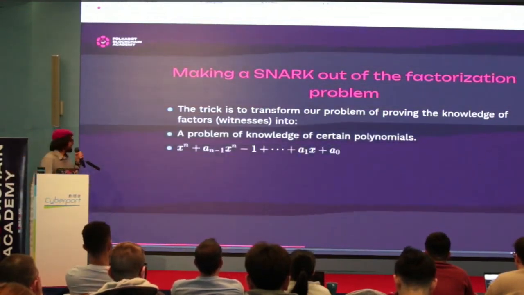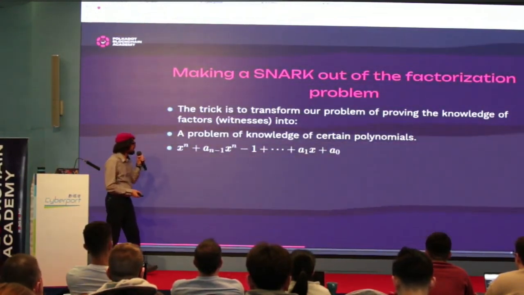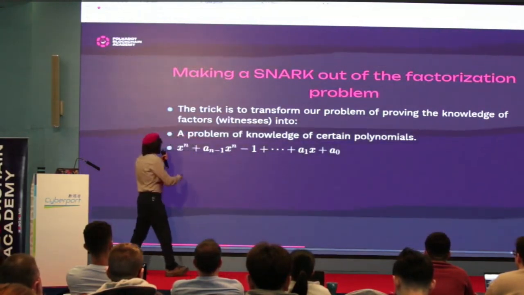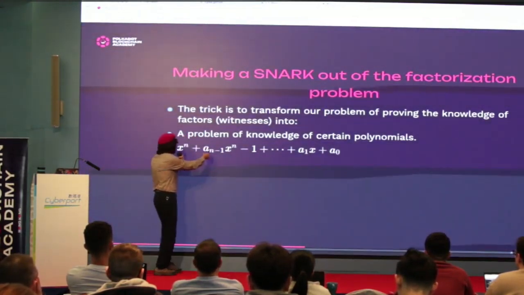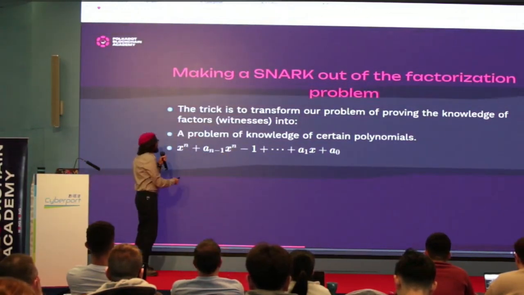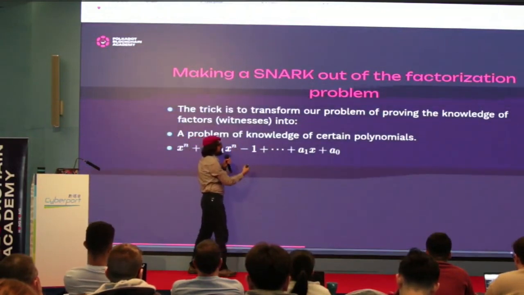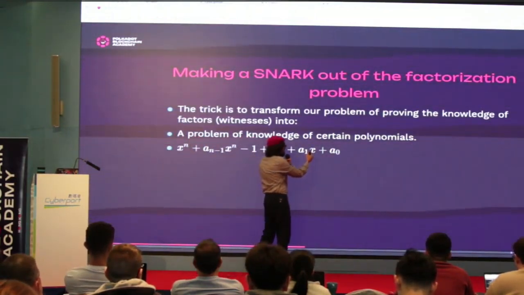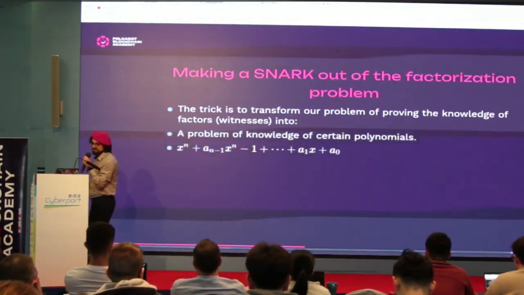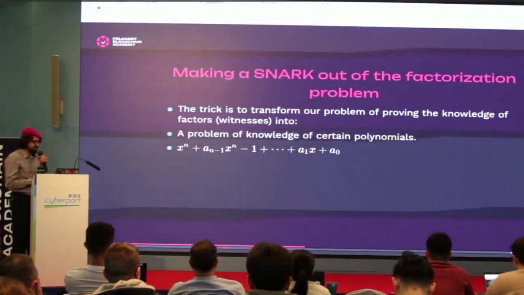A polynomial is a bunch of x to different powers, some number times x to a smaller power, a times x, and a constant. The minus one here is wrong, I don't know why it's there. These are things we worked on in middle school when we multiplied them together.